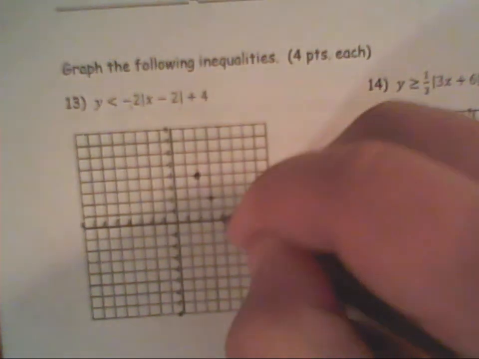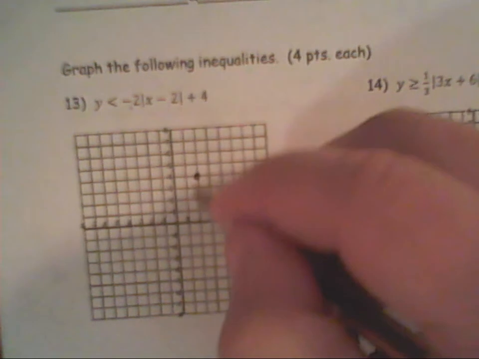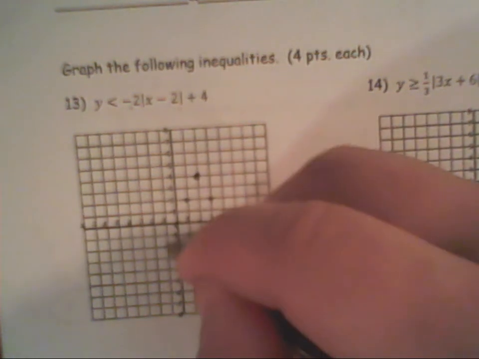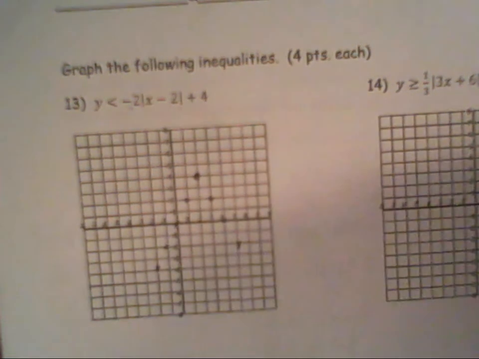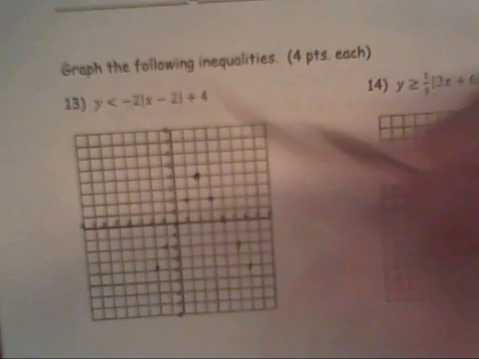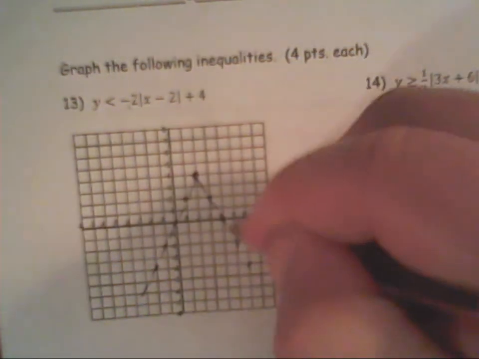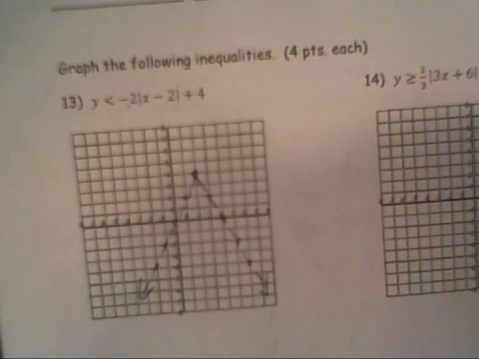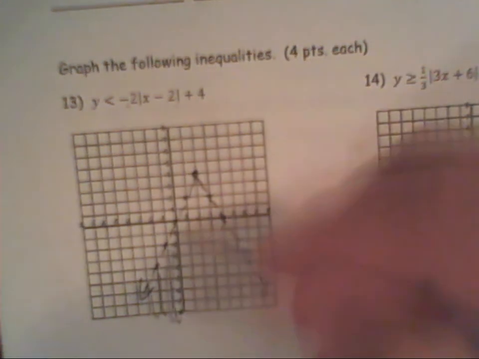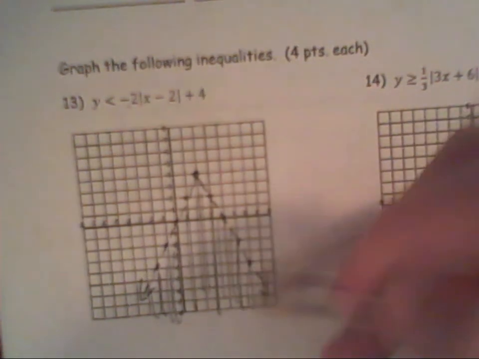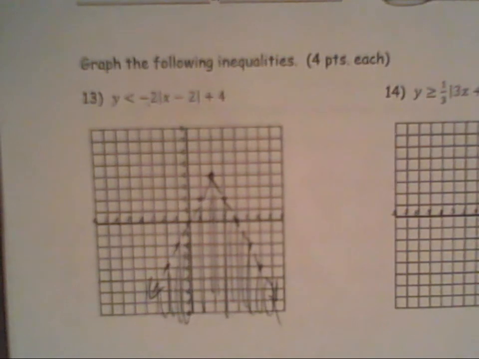So I'm going to go down 2 over 1, down 2 over 1, and down 2 and to the left one, that's the one that has a slope of positive 2. But it's just less than that, which means it is going to be a dotted V that looks like this. And we're just going to shade everything that is less than that, which is all the values below that graph.